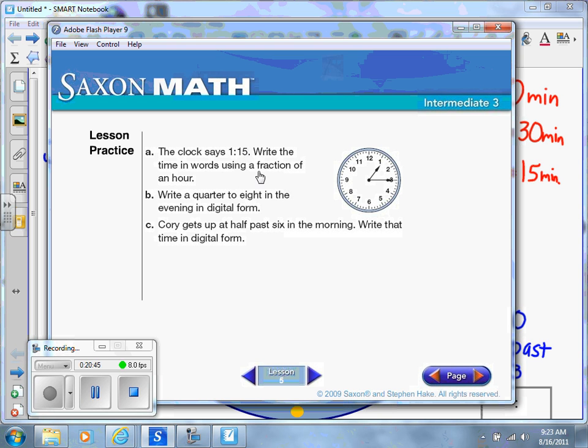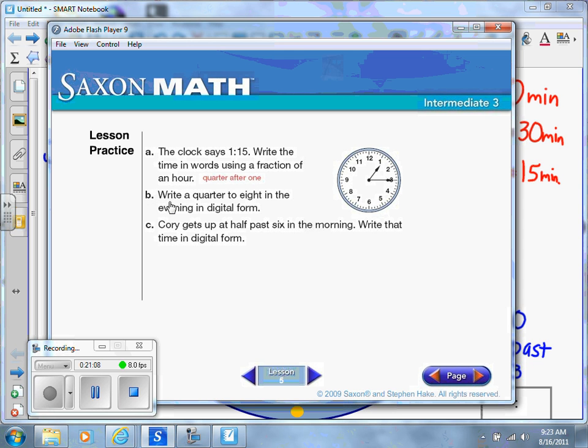Hang on. They want us to use the fraction, so we're going to have to do this with quarters. Is it a quarter after or a quarter to? After. So that's how we would write it. We would say a quarter past 1 or quarter after 1. Either one of those would be correct.